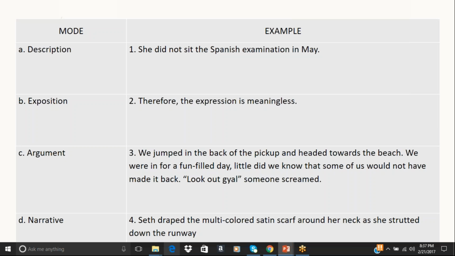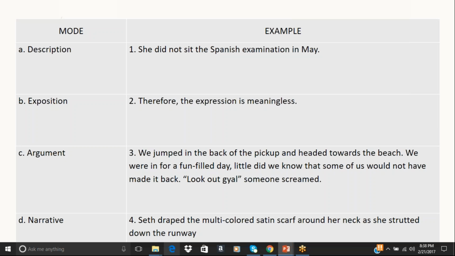Jordan, can you tell me what actually helped you to know that this was an argumentation? Okay. Well, it started off with therefore, and normally when people say therefore, it's after they've presented their point and showed why they believe it's true.